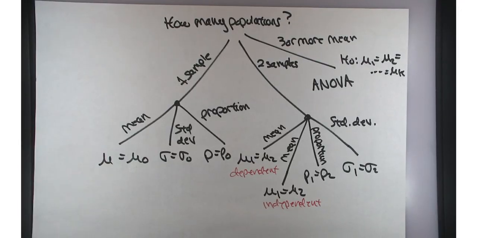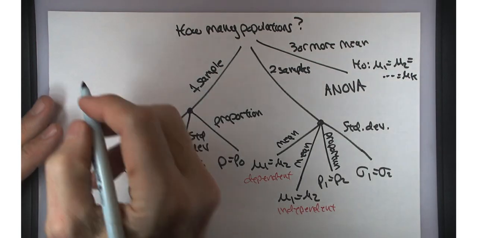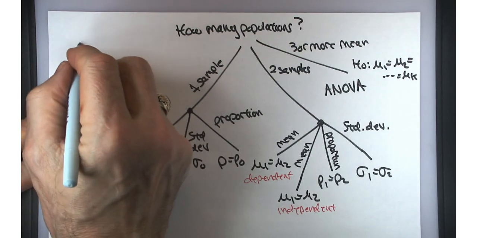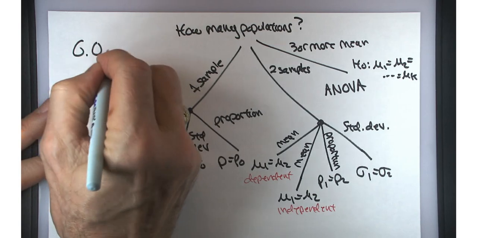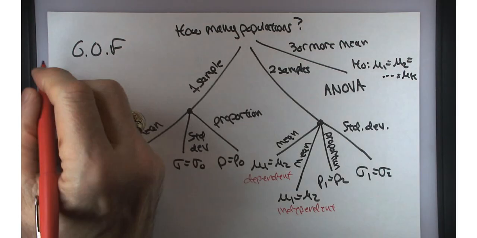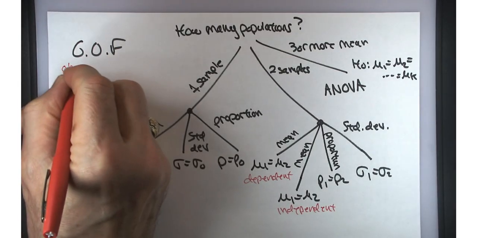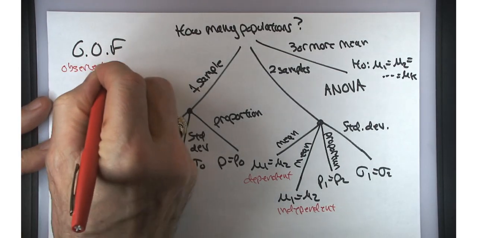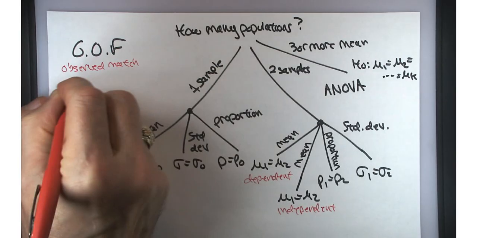There's a couple tests that don't fit into this scheme very nicely. One of them is your goodness of fit test. That's to see if your data fit the expected value. Does the observed match expected?